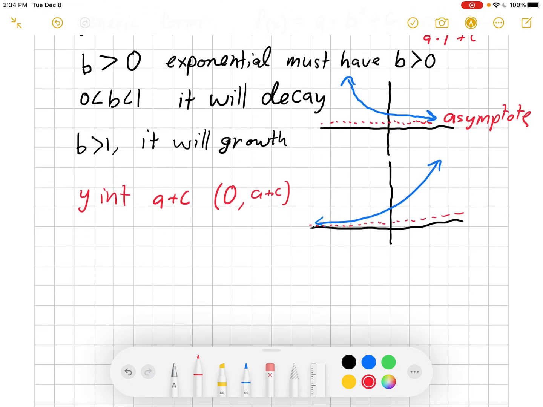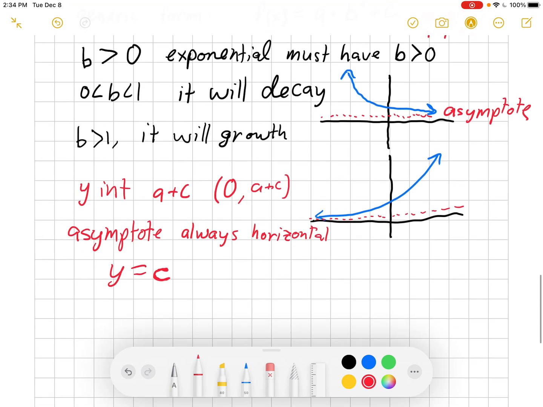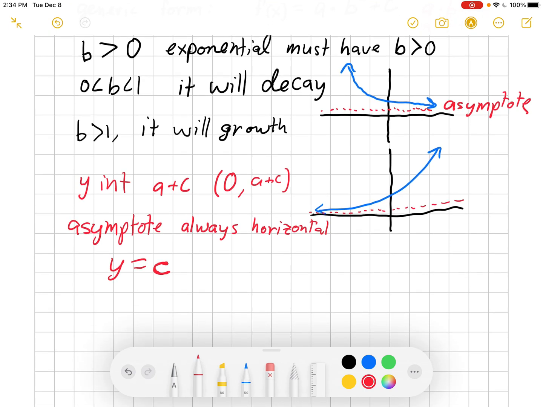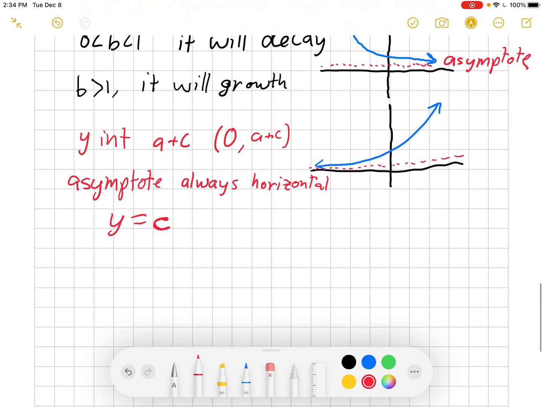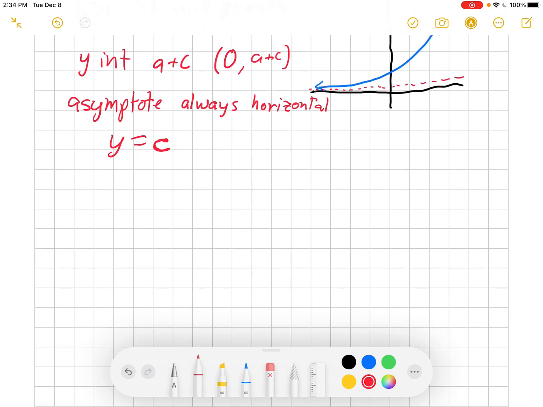Another thing, the asymptote will always be a horizontal line and it will always be at y is equal to, not negative, just positive c, whatever c is. So we can simply look at an equation and figure out a whole bunch of things about it really easily.